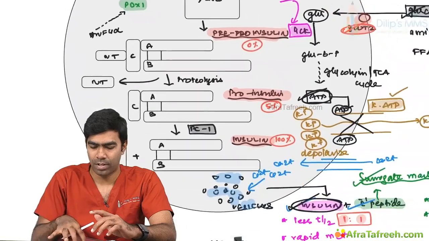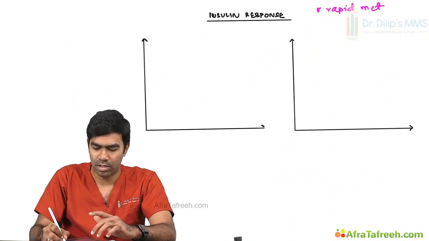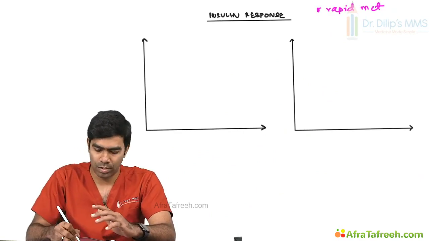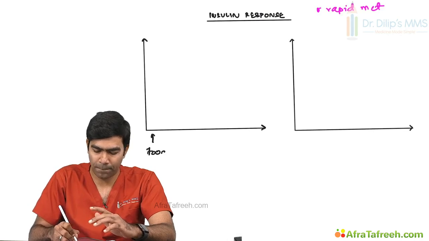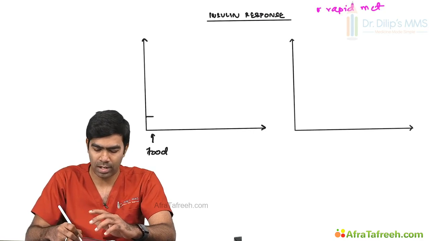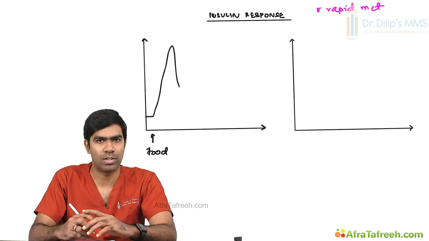All right. Now let us see the insulin response that happens in response to a glucose load or a nutrient load. Whenever the patient takes food, obviously we know there will be a baseline insulin in the body, and the moment the patient takes food, within 5 to 10 minutes there will be a surge in the insulin release.